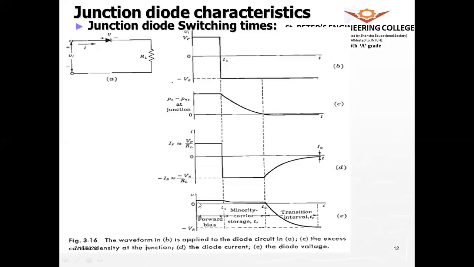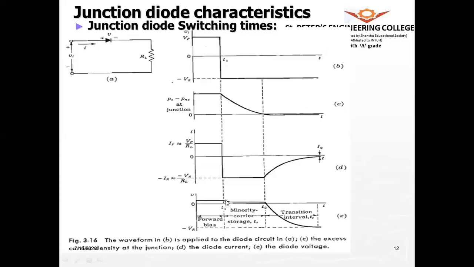And this is the diode voltage. As I said, when the diode is forward biased, the voltage is around 0.3 volts for germanium and 0.7 volts for silicon. So the voltage is very small in the forward bias. When it becomes reverse bias, the voltage is reducing until the charge carriers that crossed the junction have flown back.